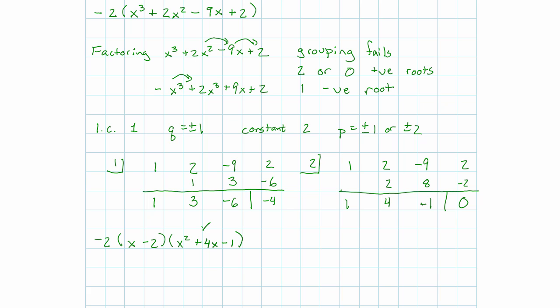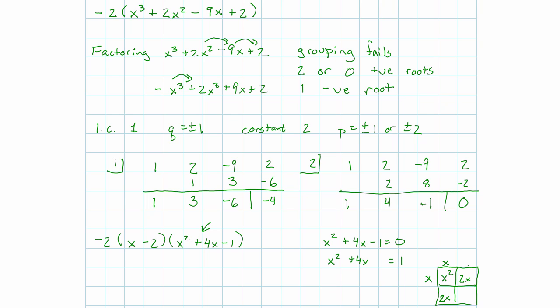Now I'm down to a quadratic. I think I'm going to use completing the square. x squared plus 4x minus 1 is 0. x squared plus 4x is 1. Let's see. x squared, and then I've got a 2x and a 2x.